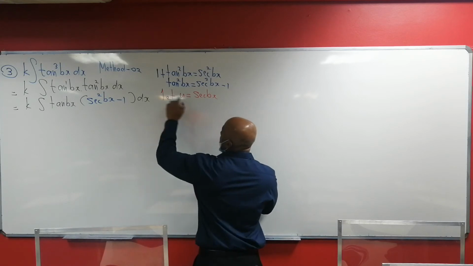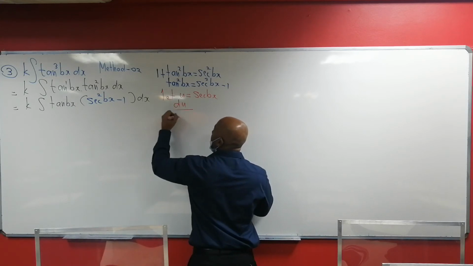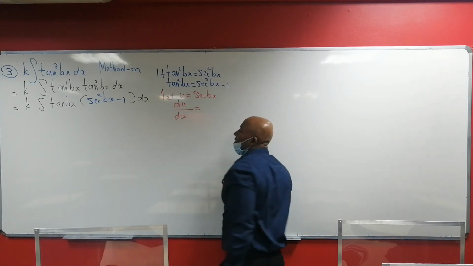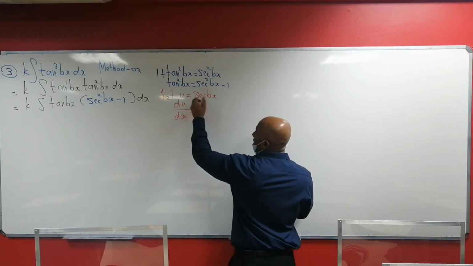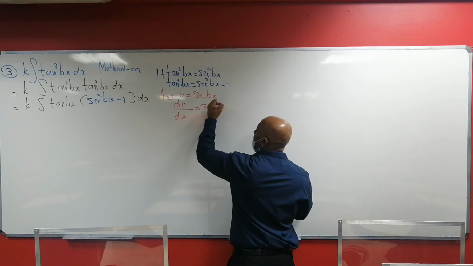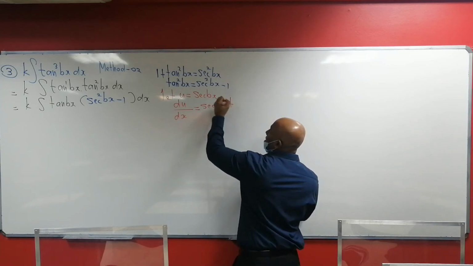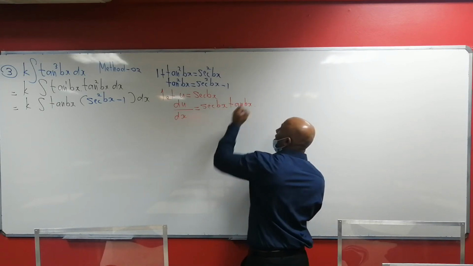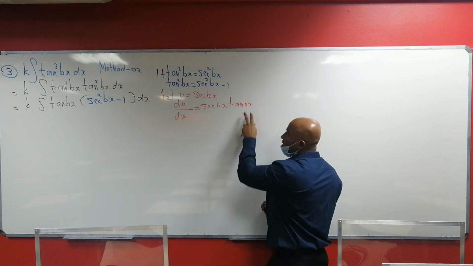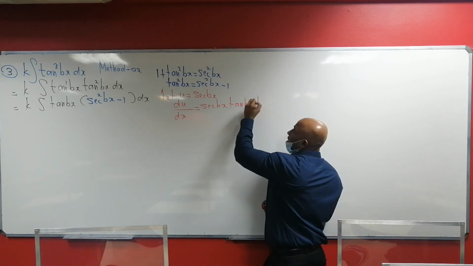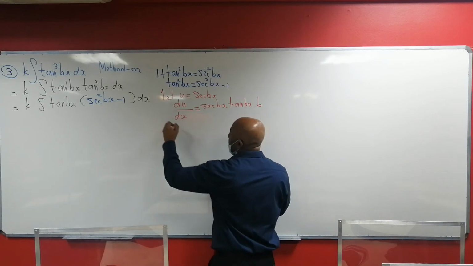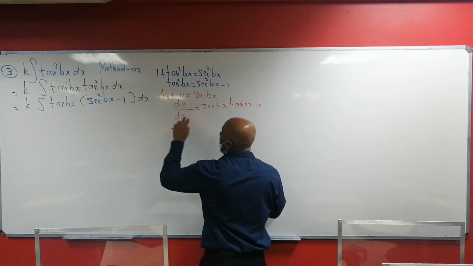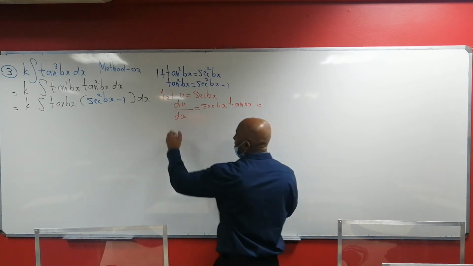Okay. So then the exact derivative of sec. So what is the derivative of sec? The derivative of sec of bx will be sec bx times tan bx times the derivative of bx, which is b. Right. So now I can make dx the subject of the formula.